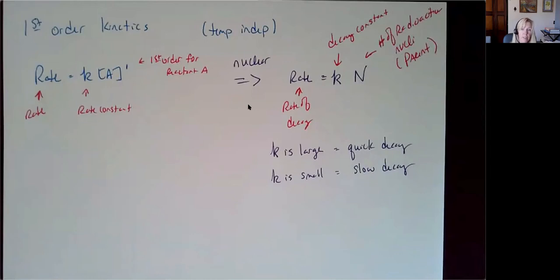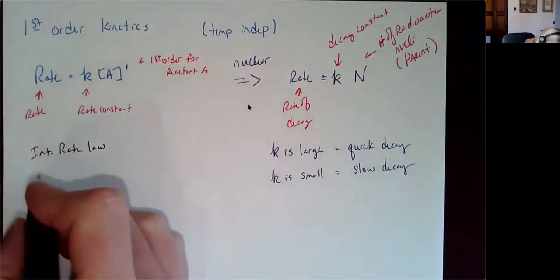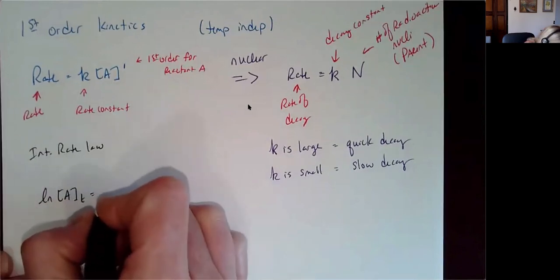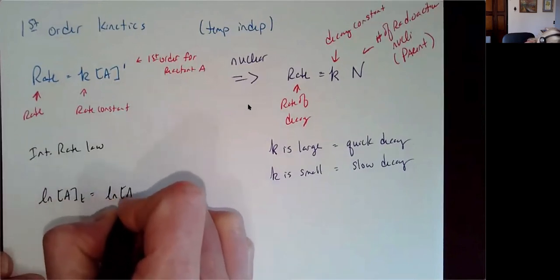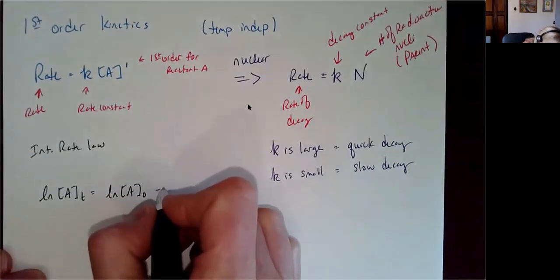If k is small, this radioactive decay could happen really, really slowly. Remember over here on this side, my integrated rate law looks like this. ln of A at time t equals ln of A at time 0, the concentration of A at time 0, minus kt.